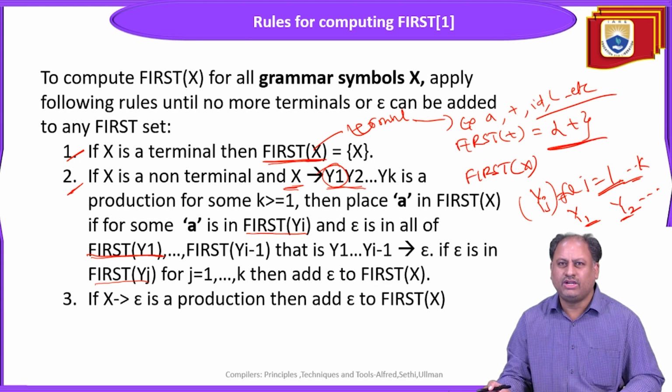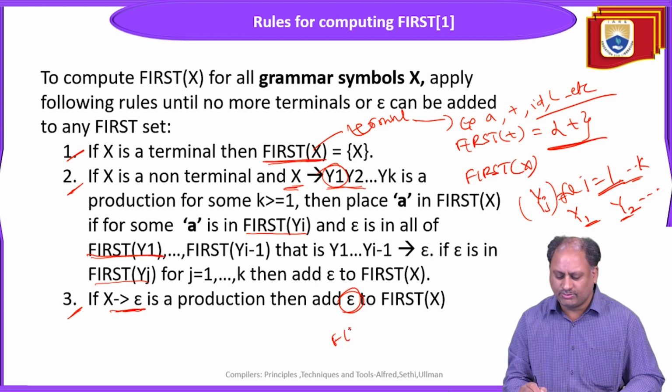We will see an example of how these rules are framed for the given notation. For the defined grammar, we are going to see this computation with an example shortly. Now the third rule says that sometimes the computation value may be epsilon. In that case, we directly append epsilon to the result.